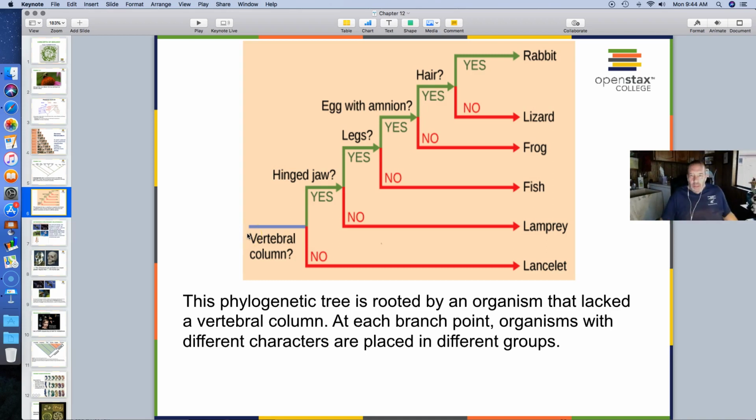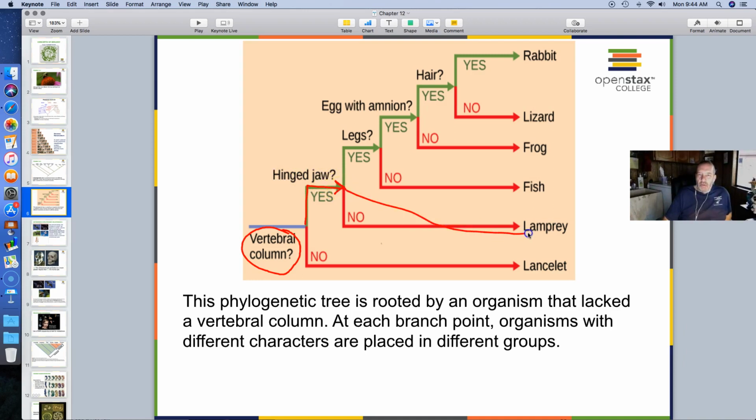So for example, we zoom into the group of living things that all have a vertebral column. If we answer that question as yes, then it takes us to another more specific question or classification, whether members of this group have a hinged jaw or not.